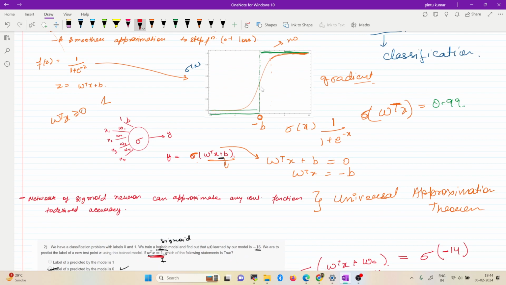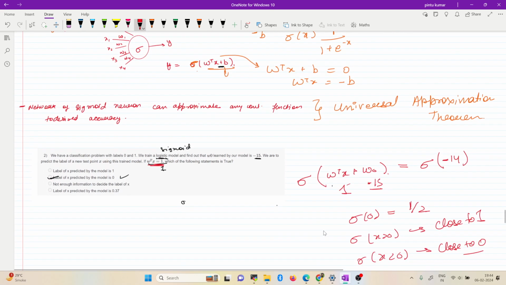You see that it very sharply falls, very close to 0. This is just minus 3 over here, and this is just 3 over here, and it has got very close to 1 and 0. So when we have minus 14, the value that we'll get will be very close to 0, so we would be making label 0 as the prediction for X. Was I clear, Himanshi?